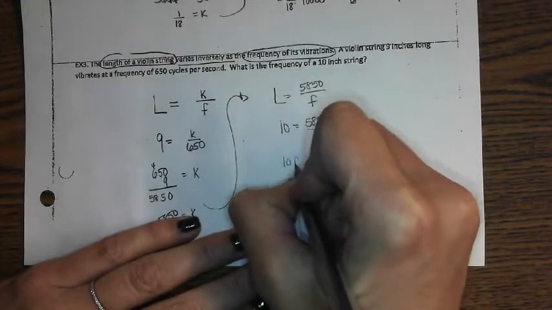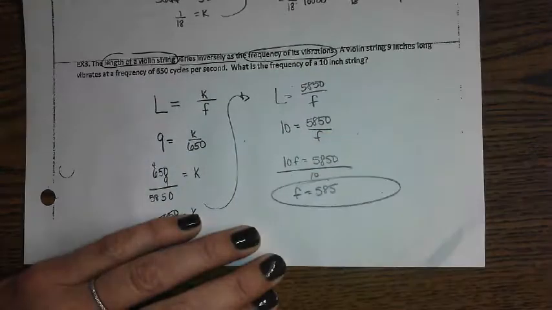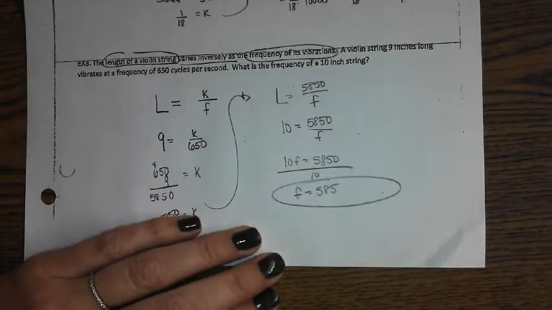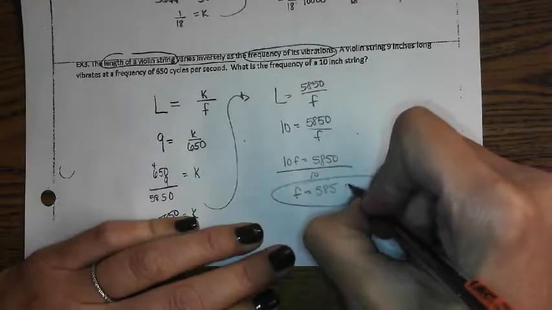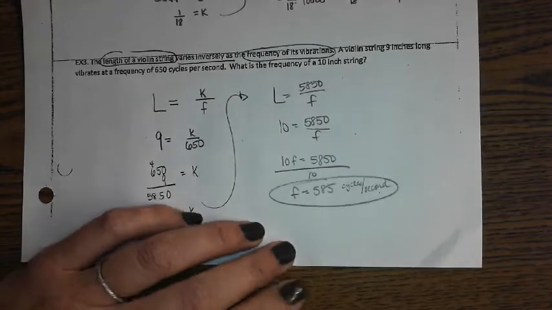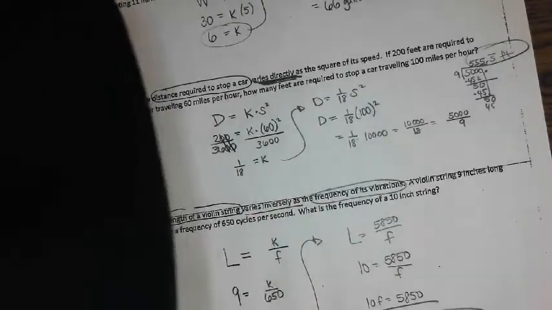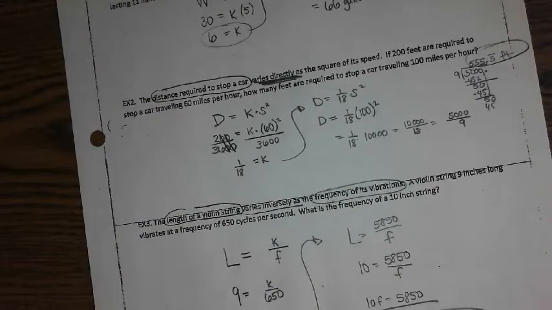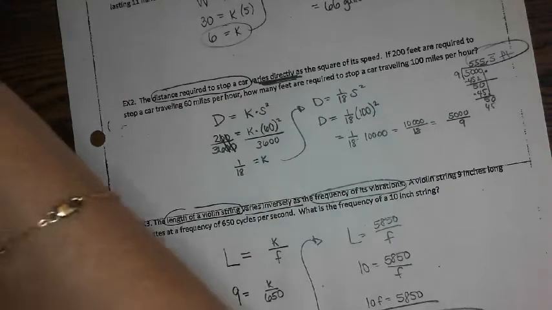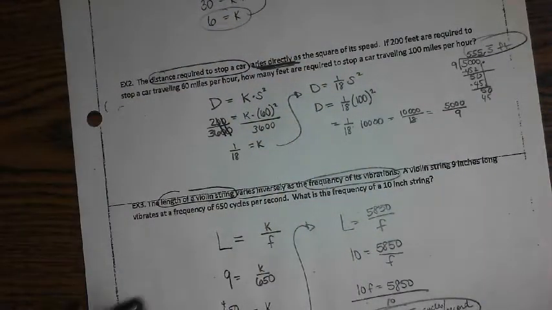So 10F equals 5850 divided by 10, F equals 585. And frequencies, units are in cycles per second. Any questions?